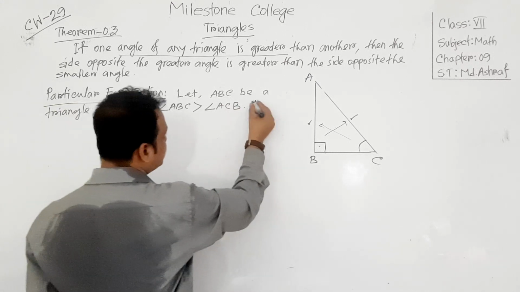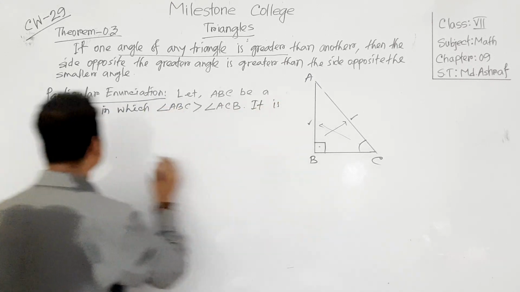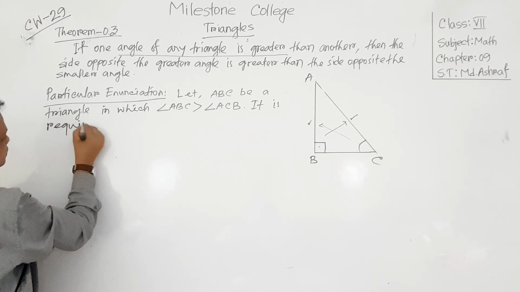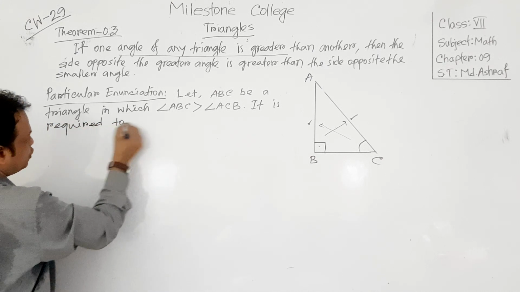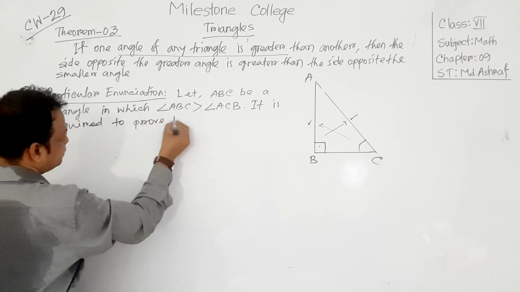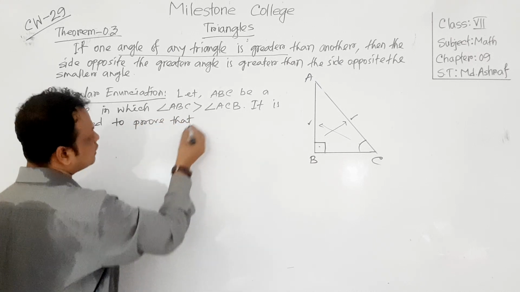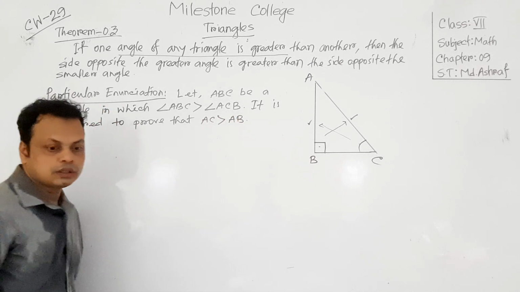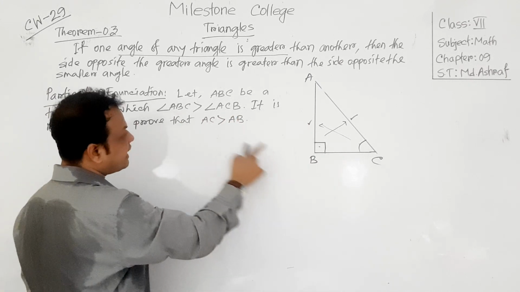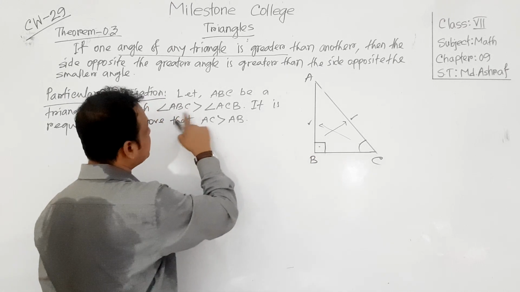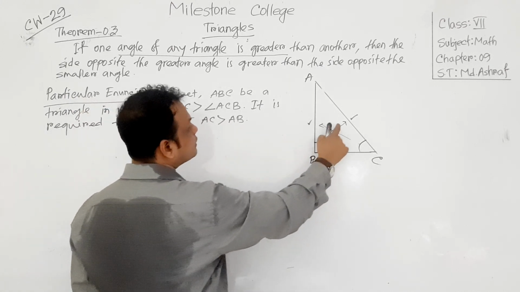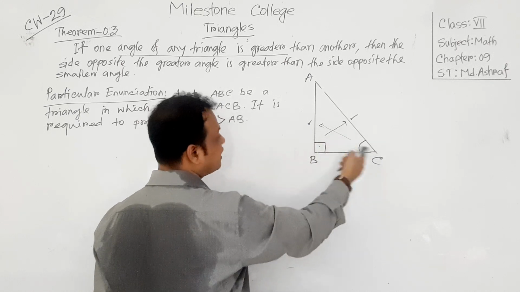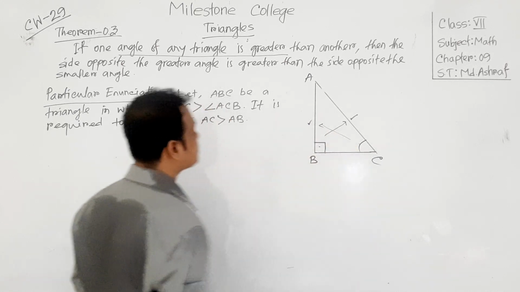It is required to prove that AC is greater than AB. That means the opposite side of the greater angle is greater than the opposite side of the smaller angle. So this is the thing.